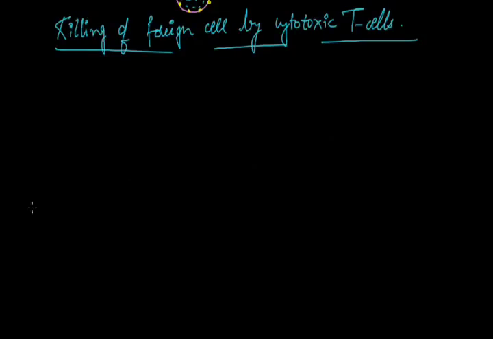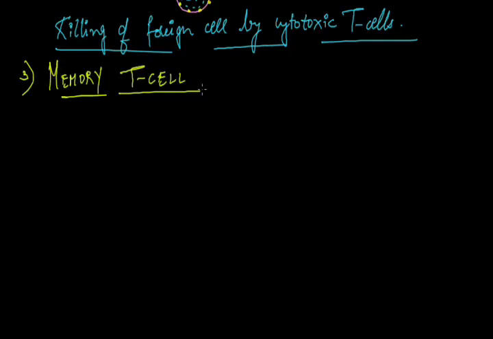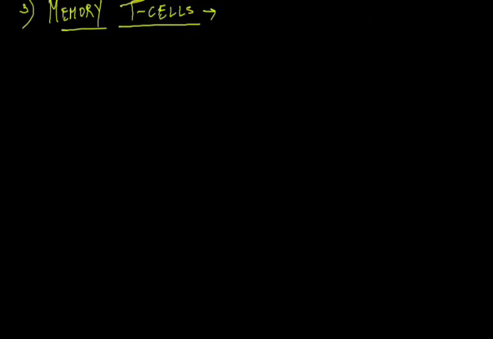Now, the next type of cell we are going to study is memory T cell. These are the same cells as we have studied in B cell also, which will generate a memory for the second response.